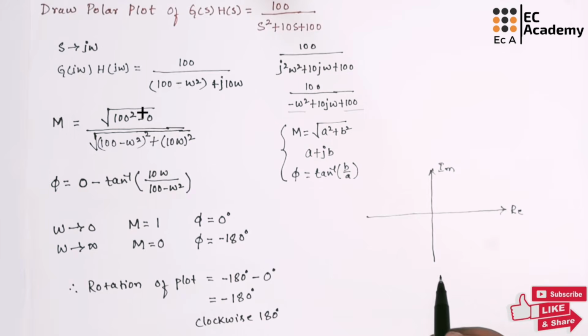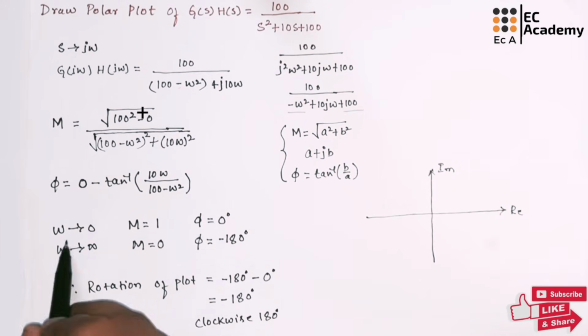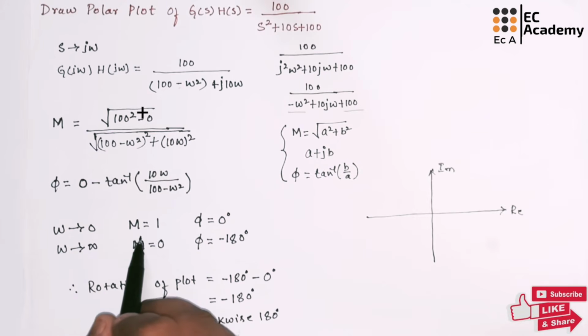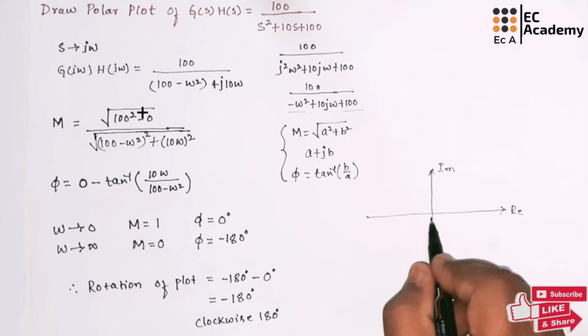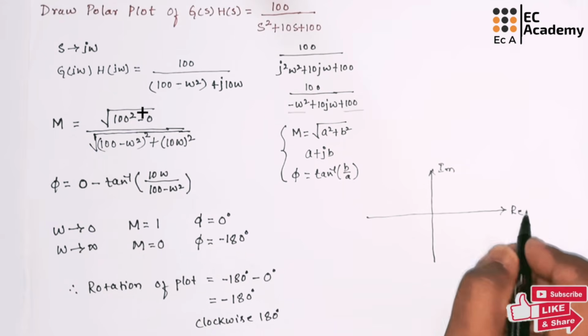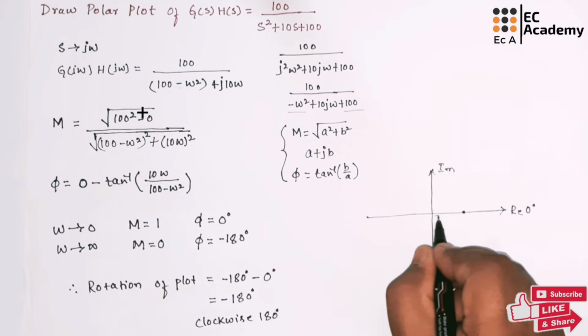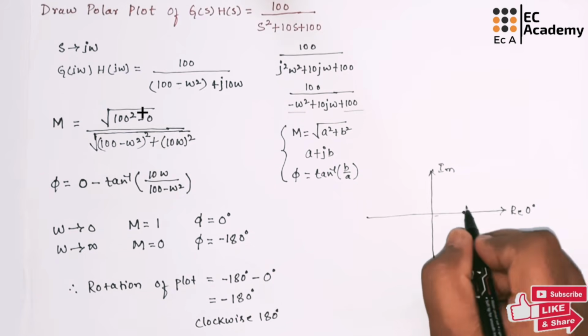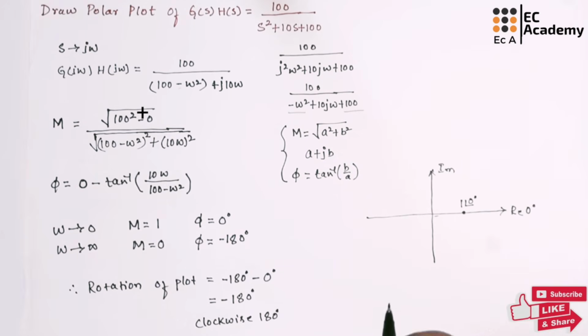If we consider a polar plane, now we need to plot these values in the polar plane. When omega is equal to 0, magnitude is 1 and phase is 0 degree. So on the x-axis, phase will be 0 degree. So magnitude is 1 from the center. So this is the starting point, which is 1 at an angle of 0 degree.